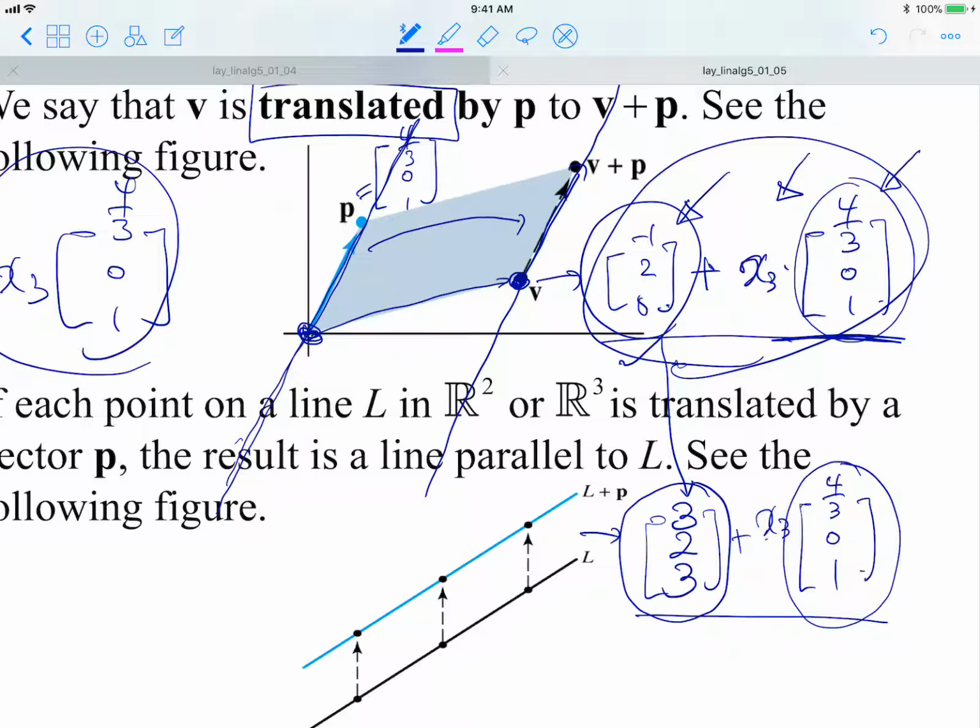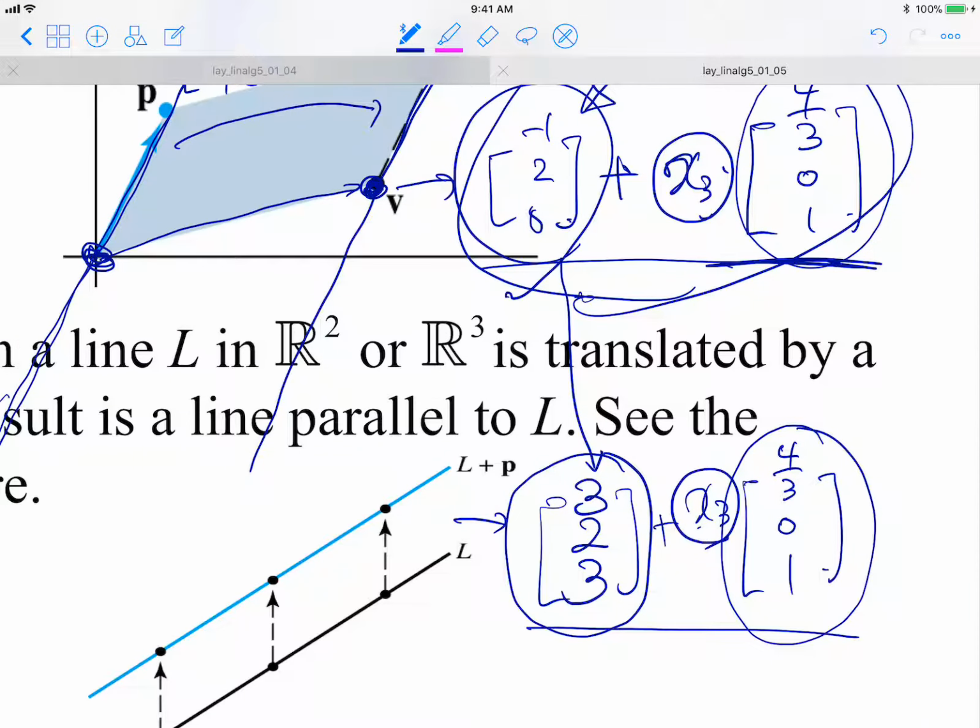How can we show that they are equivalent? Here x3 and x3 are just free variables that we can freely choose, of course. Let's slightly change this one to x3 dash, a slightly different x3.